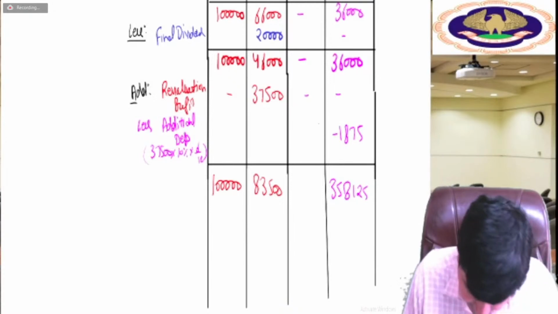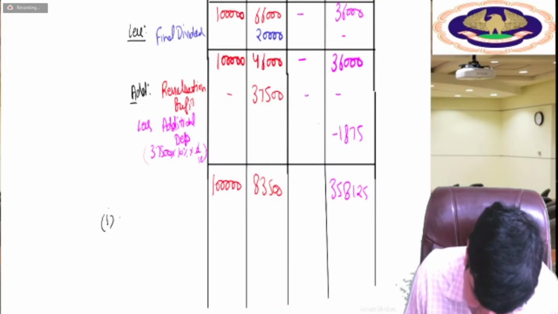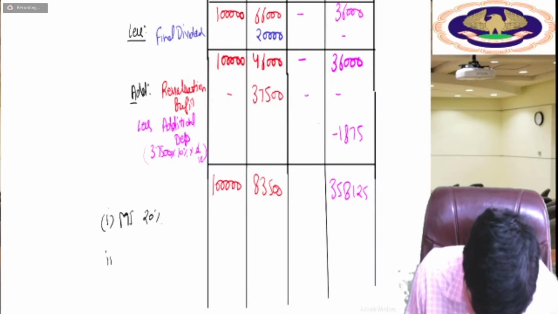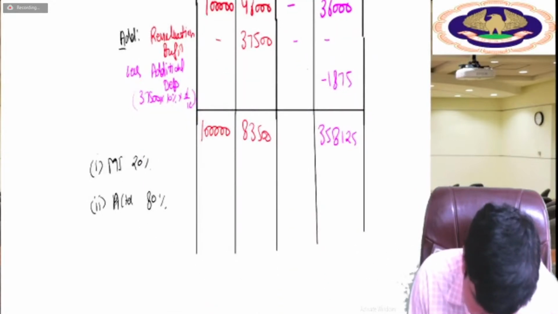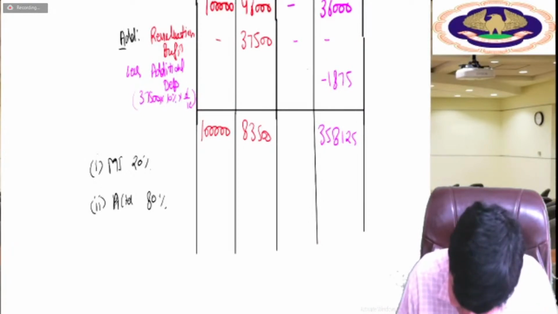This is the correct profit or loss. But now this profit or loss should be apportioned between minority interest, that is 20%, and also the holding company, that is A Limited. Beta, don't do depreciation at 80%, 1500, please. Profit is being calculated at 100%. Okay.